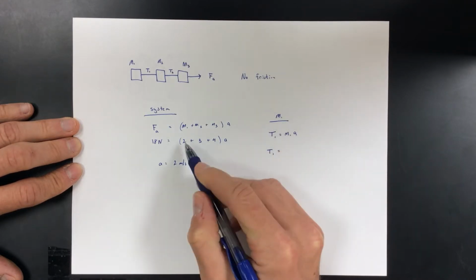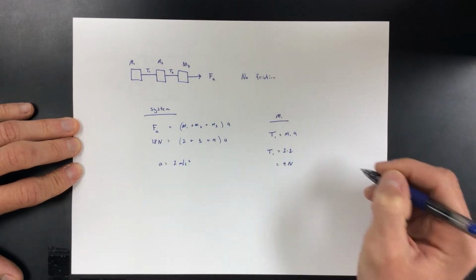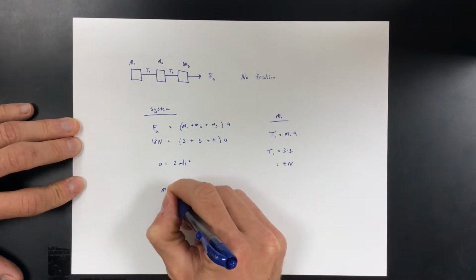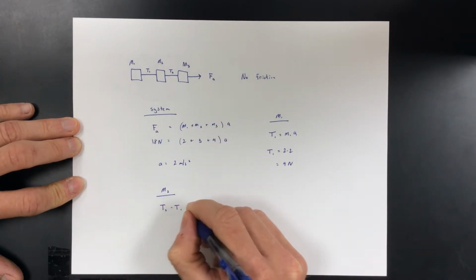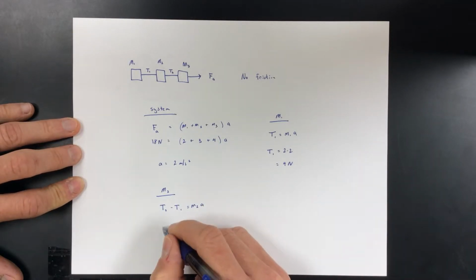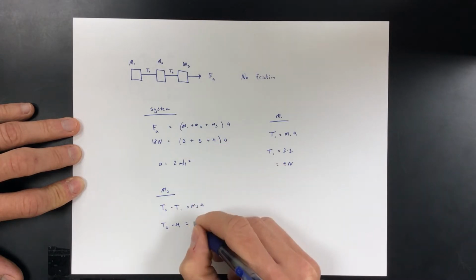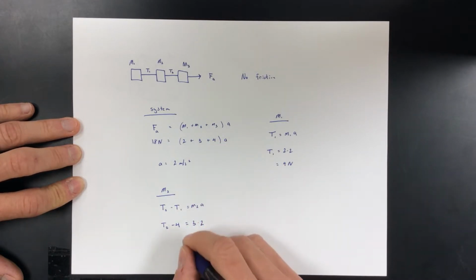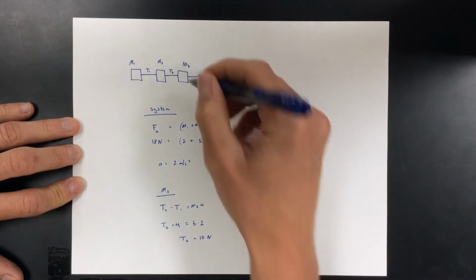Well, if M1 was 2 and the acceleration was 2, you know that that's got to be 4 newtons. If you looked at M2, well, T2 is making it move, but T1 is pulling back on it, and it's that difference that causes M2 to move. But what's T2? Well, you know T1 is 4, and you know this is a mass of 3 and acceleration of 2. That means that T2 has to be 10. That's 10 newtons. You could check on the third block.